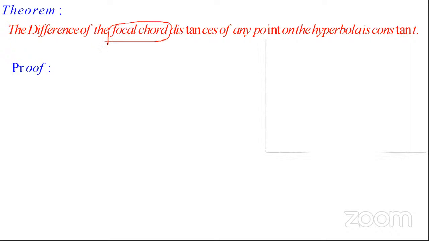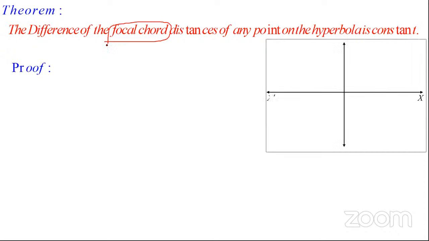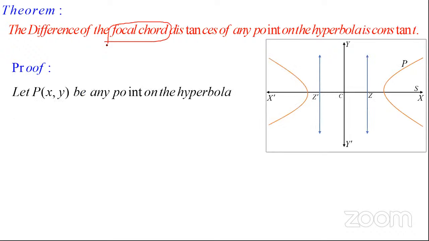So I'm drawing the figure like this. Center, directrix. A point P lies on the hyperbola, and we join SP and S dash P, and PM and PM dash. PN is the perpendicular to the axis.